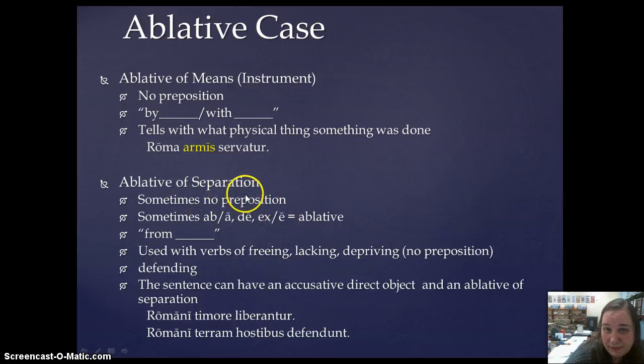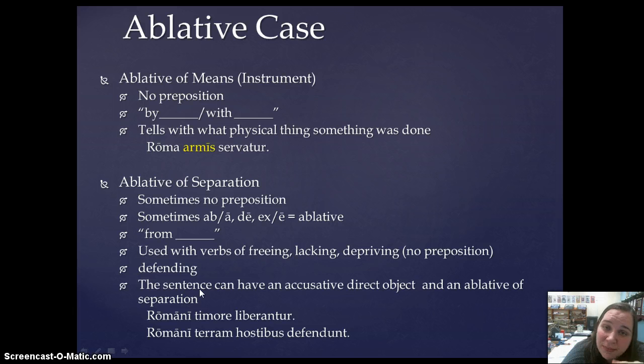Sometimes no preposition. When you have verbs of freeing, lacking, or depriving, you never use a preposition to show ablative of separation. Okay? It translates from something. Okay? And you can have a sentence that has a direct object and an ablative of separation.